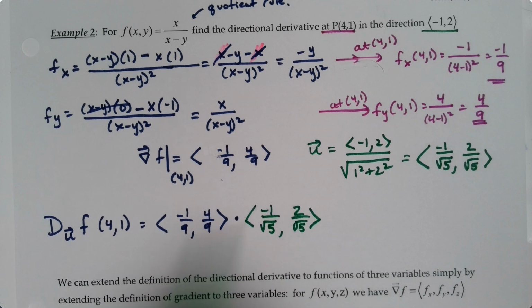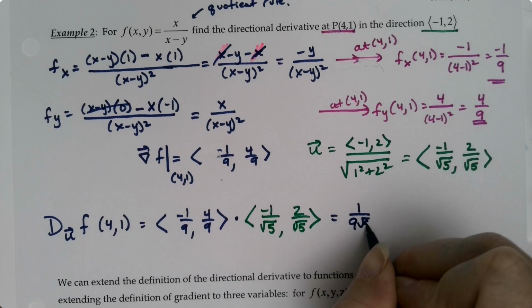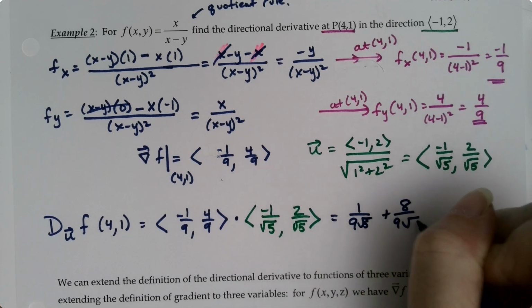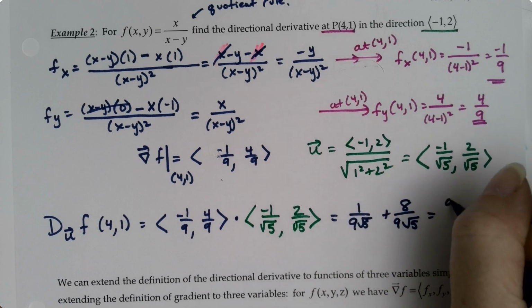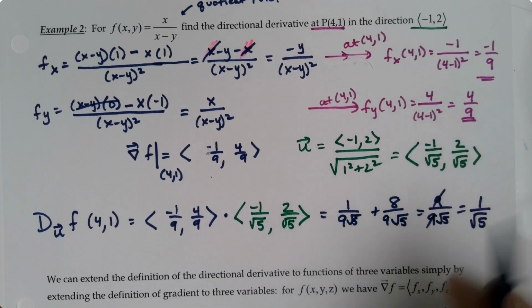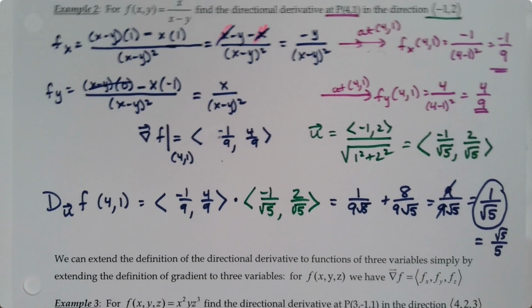Negative 1 times negative 1 is positive 1. So that's 1 over 9 square root of 5 plus 8 over 9 square root of 5. 1 plus 8 is 9 over 9 square root of 5, and the 9's cancel, and we're left with 1 over the square root of 5. And if you want to rationalize it, it's the square root of 5 over 5, but it's not important.